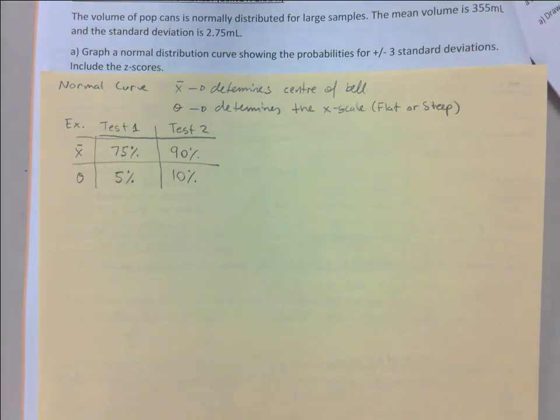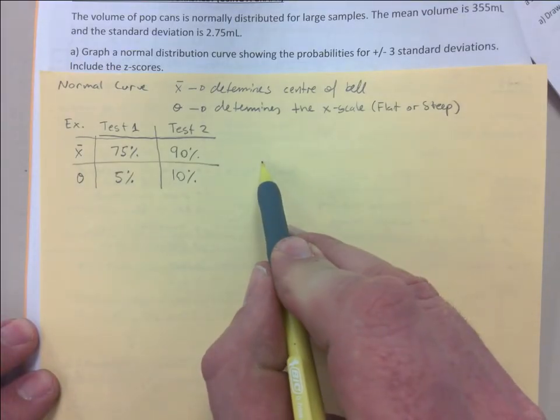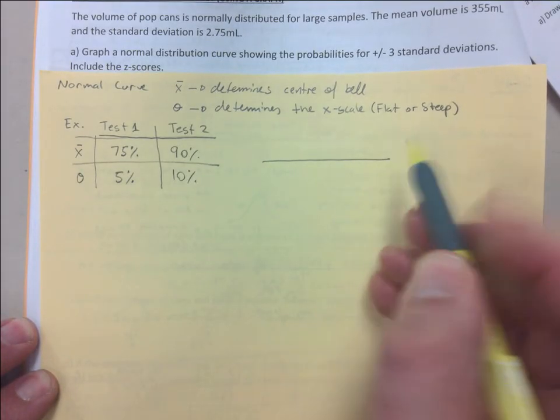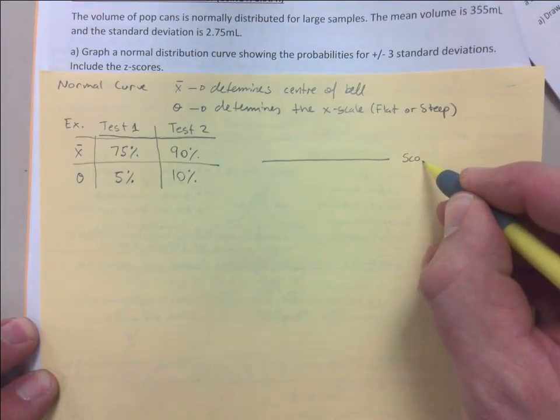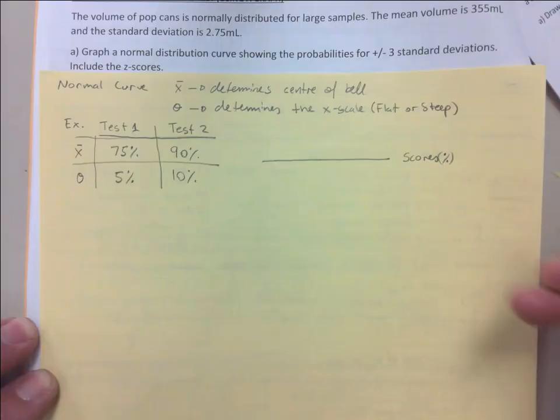Let's say you have this and I ask you to graph this, to sketch it. I would mostly ask you to just sketch it, to check for understanding. If you sketch them both on the same axes, scores as a percentage.